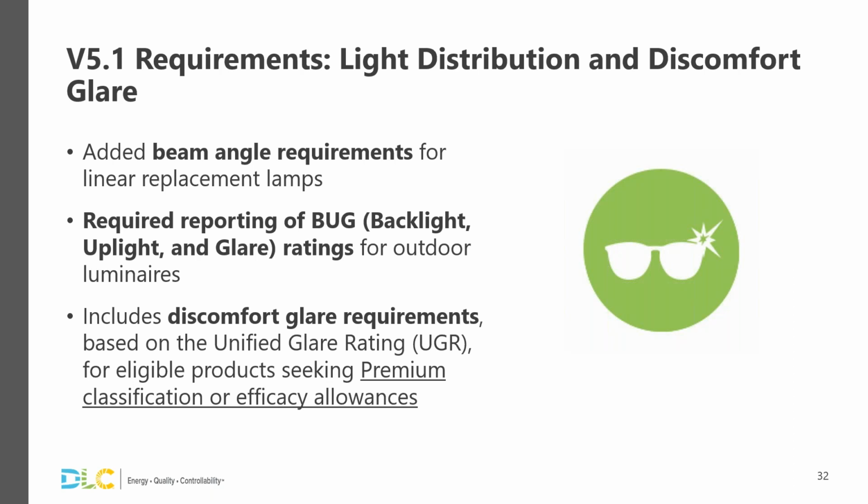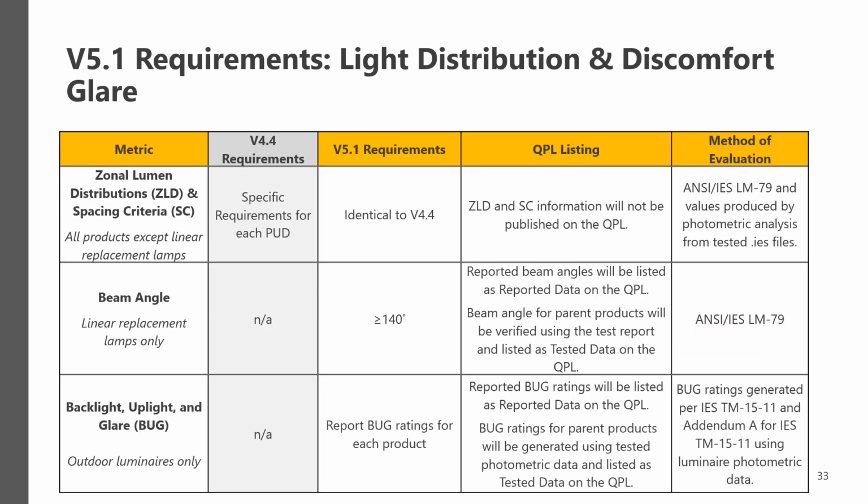This allows products designed for enhanced glare control to claim efficacy allowances and qualify for either DLC standard or premium classification. And therefore, the criteria were again set based on this intent and will be discussed later in the efficacy allowances section of this webinar. Now let's look at the detailed technical requirements for light distribution.